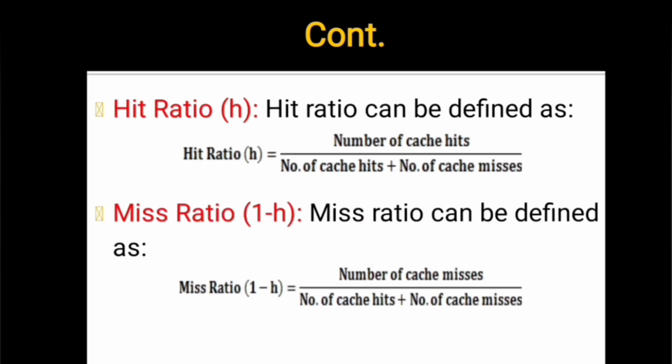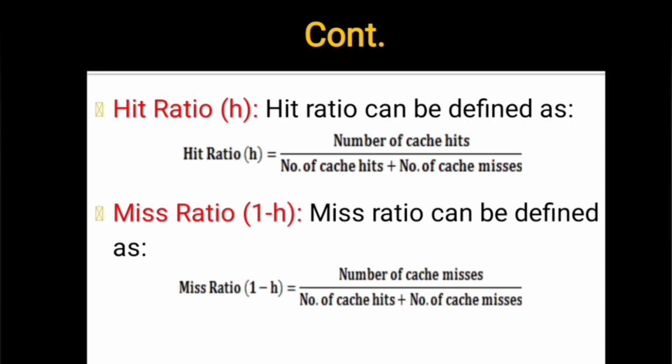Next we have hit ratio and miss ratio. Well, hit ratio can be defined by the following formula. It is given by the number of cache hits divided by the total number of memory references. Total number of memory references means the number of cache hits plus the number of cache misses.